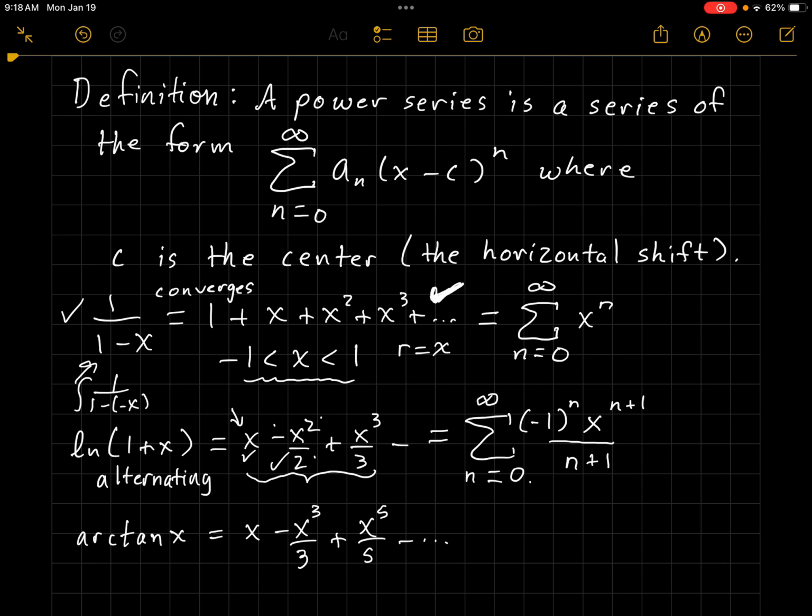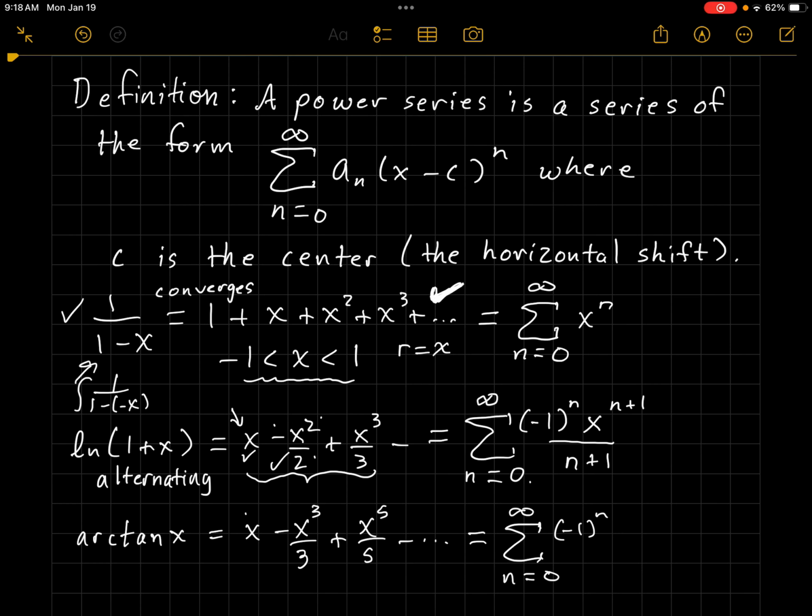Let's write the power series for arctan of x in our sigma form. Again, n equals something to infinity. It alternates, so I'll have negative 1 to the power. If I choose n equals 0, then this does give me a positive first term.